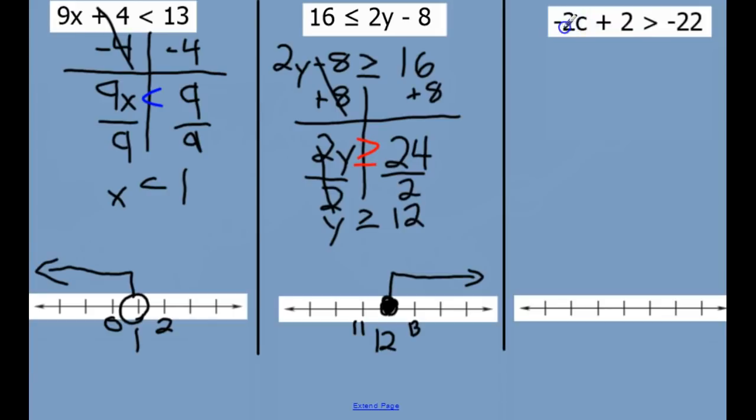So now we have a negative 2c plus 2 is greater than negative 22. So we need to get rid of this 2 by subtracting it. What we're left with is negative 2c is less than negative 22 minus 2, which is negative 24.